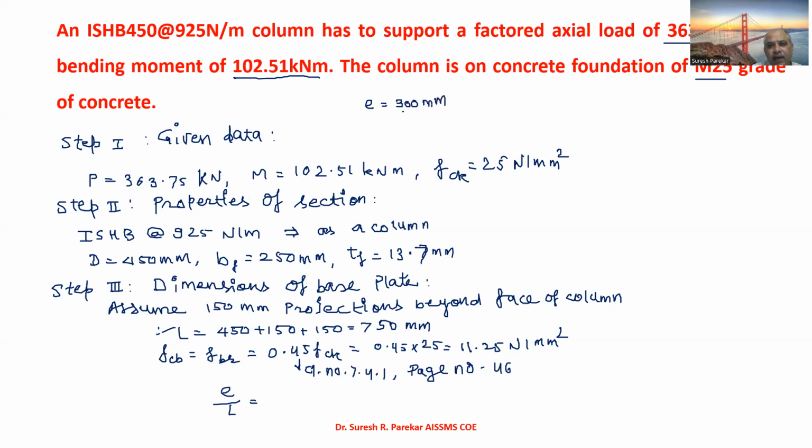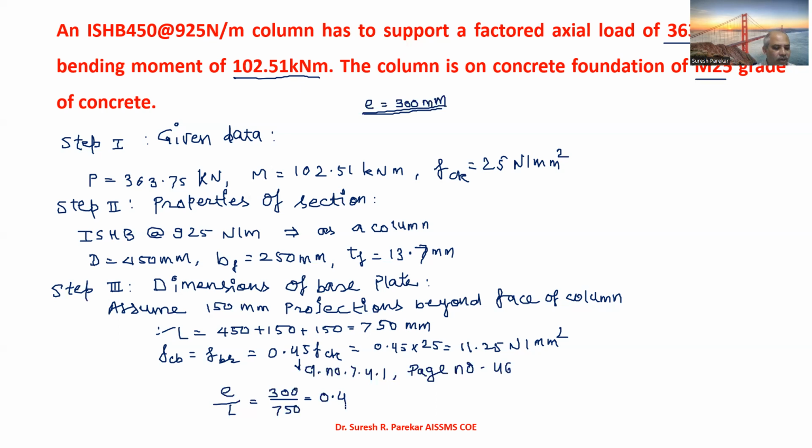This we already have; in the gantry girder problem we have this value of e as 300. So e is 300 and L we have taken as 750, and from this we get 0.4. Knowing this value 0.4, we have case number 3.